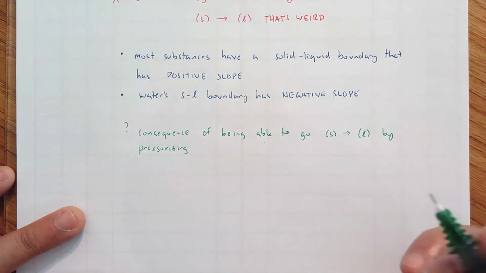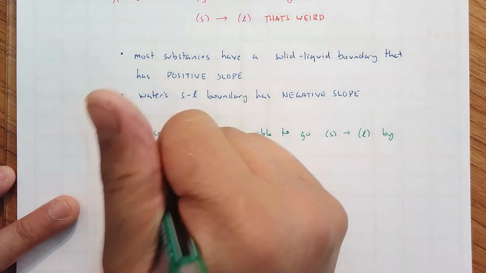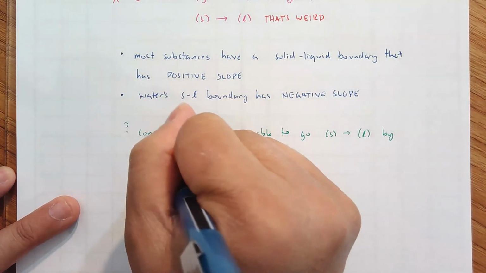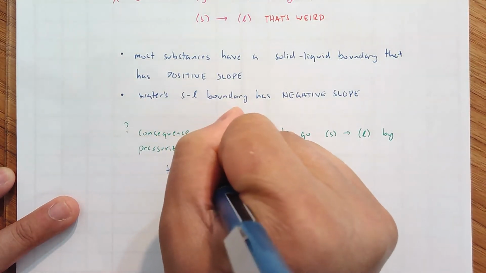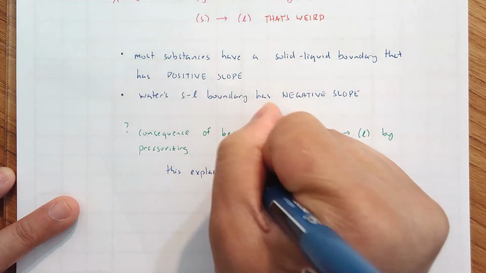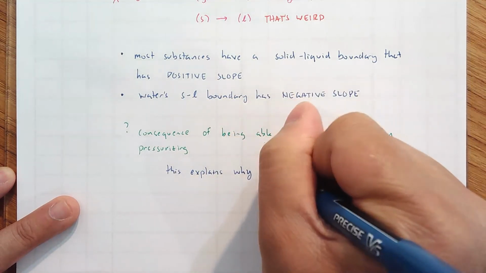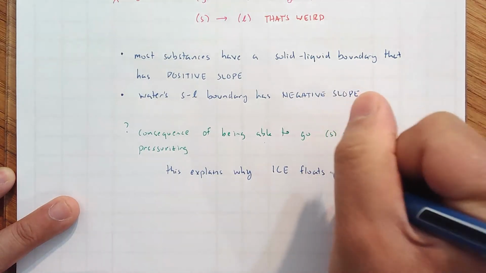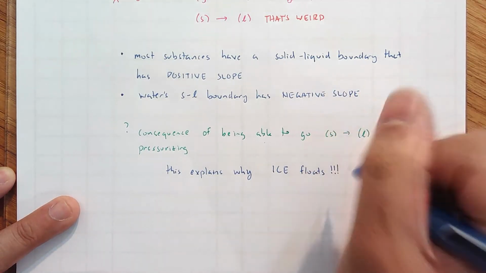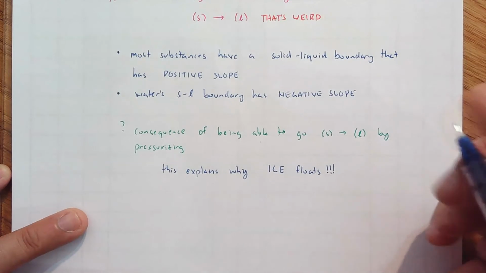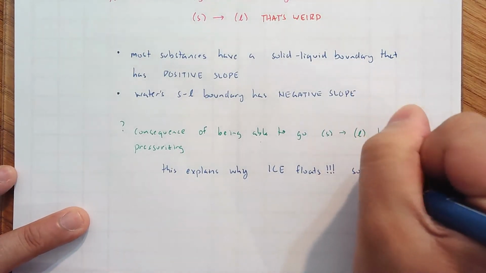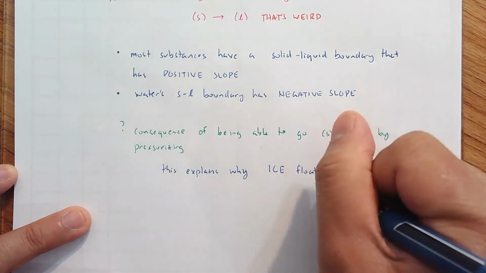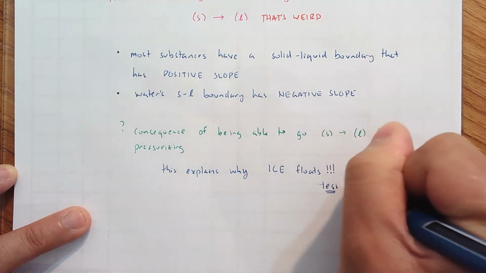This explains why ice floats. It's not that ice floating is unusual, it's just that the solid form is less dense than the liquid form. That's unusual.